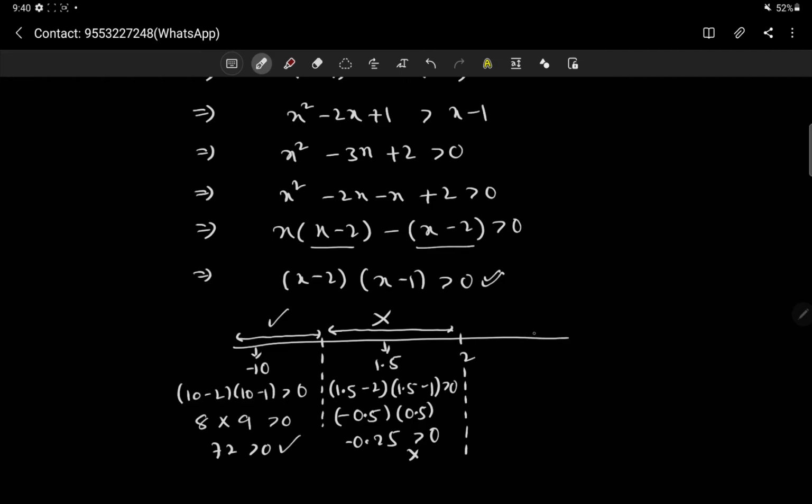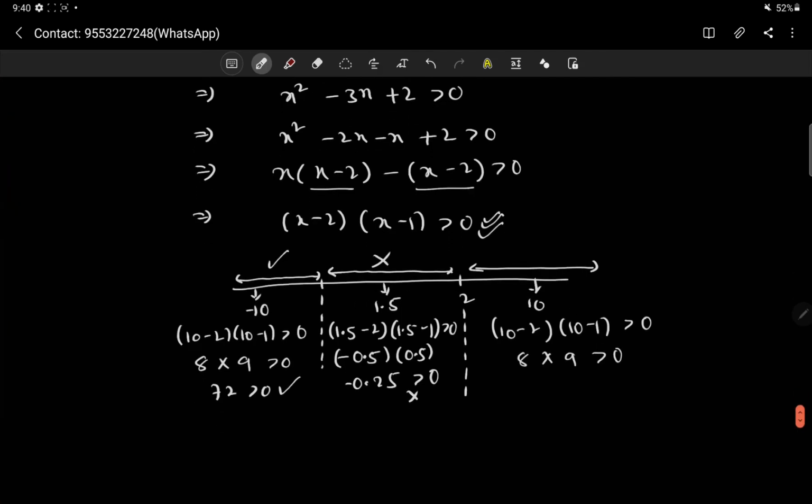In the same way you need to check for these values also by taking some number. You take 10 and apply in this, then we get 10 minus 2 into 10 minus 1 greater than 0. 10 minus 2 is 8, 10 minus 1 is 9, greater than 0. Actually, you have to take the negative sign, right?